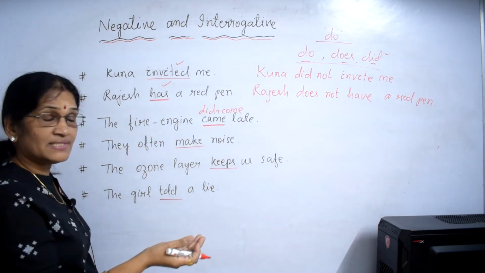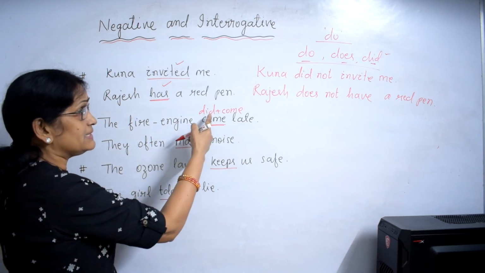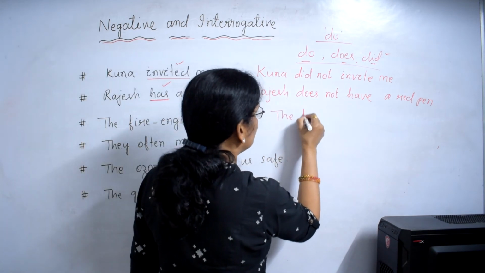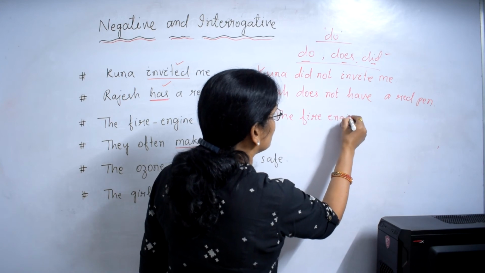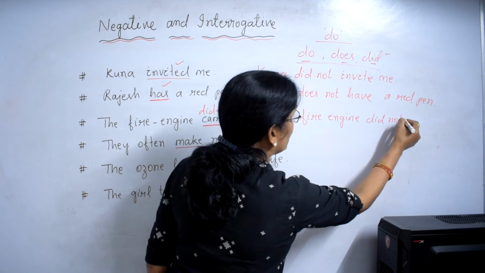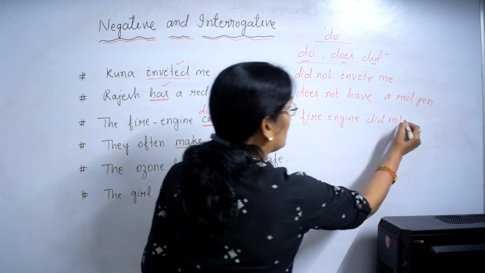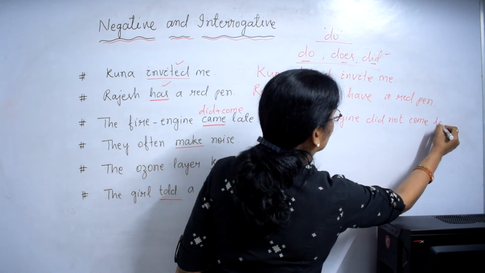So when you change the sentence into negative: the fire engine did not come late. When you separate did, that form will be the base form. Did not come. Did not come late.